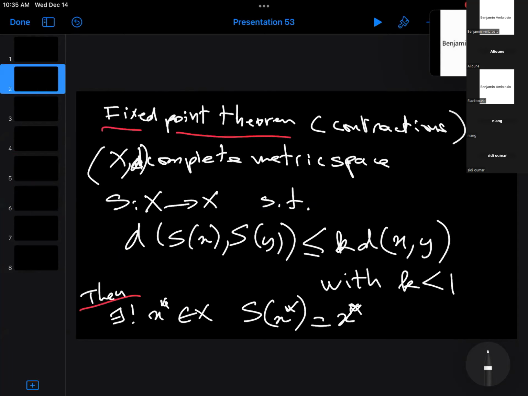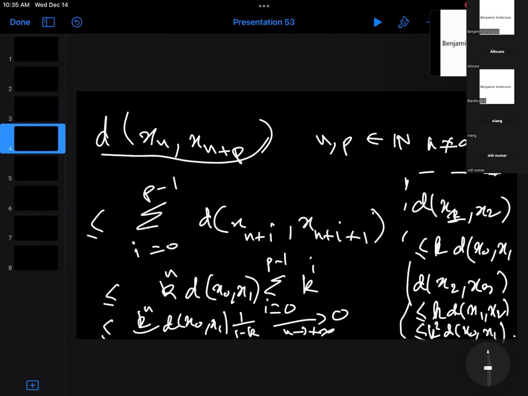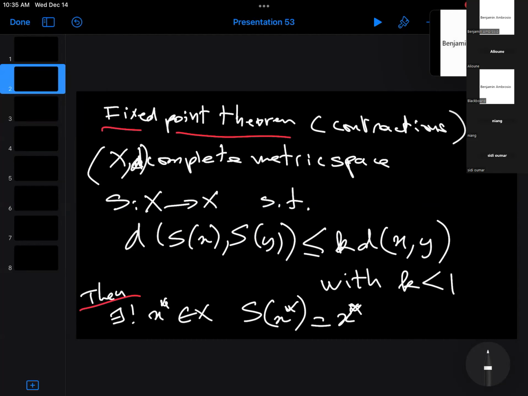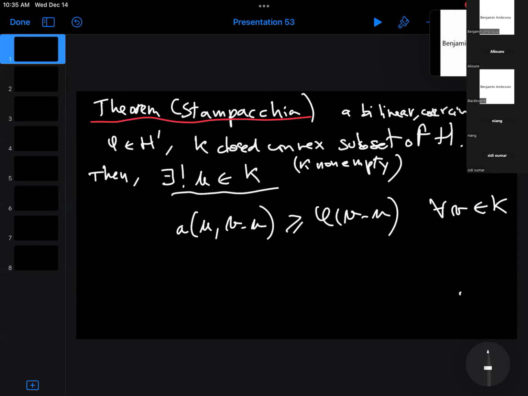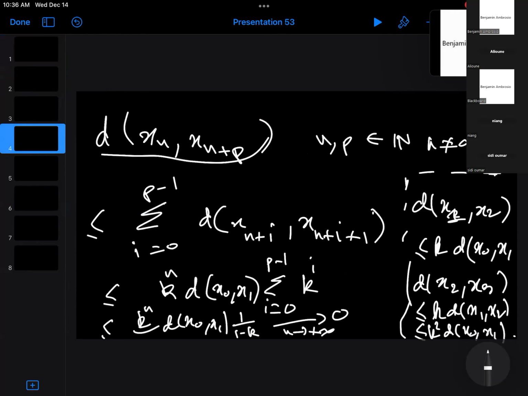So we are now going to prove the Stampacchia theorem. All right, so the Stampacchia theorem is here. So we will work with a bilinear function, and here a function of the dual.